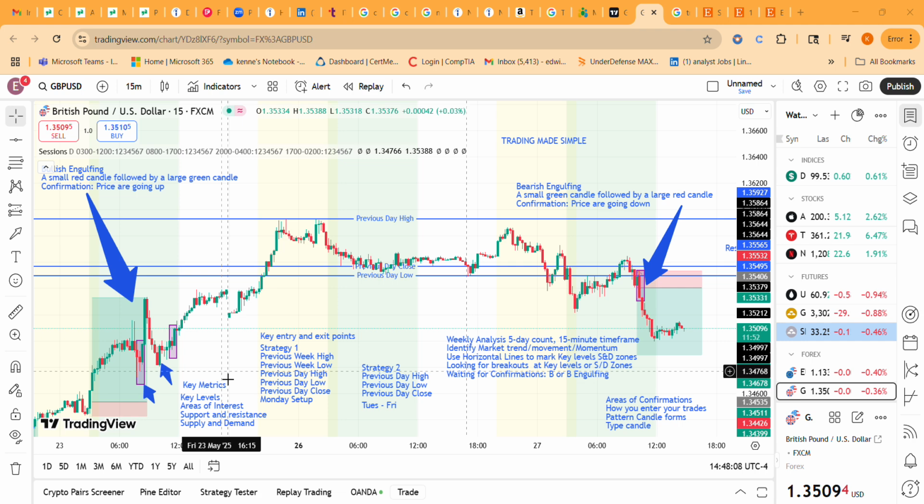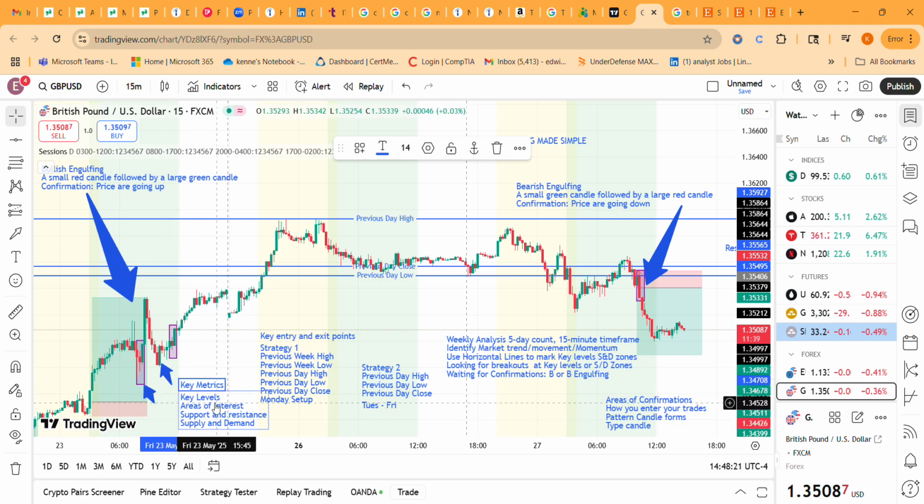So the strategy focuses on our fundamentals. Our fundamentals here are what I refer to as our key metrics. We will be identifying key levels, areas of interest, as support and resistance areas, or as supply and demand zones. These are fundamental concepts that you need to plot within your chart.